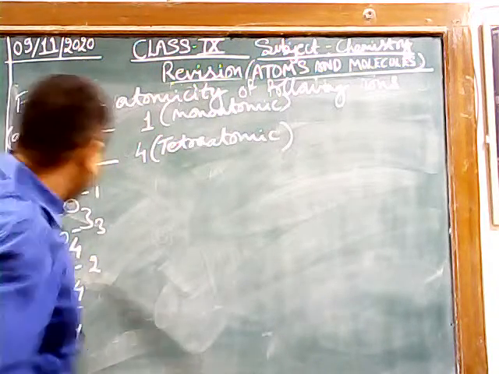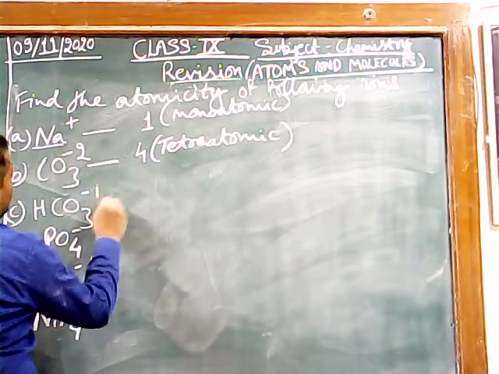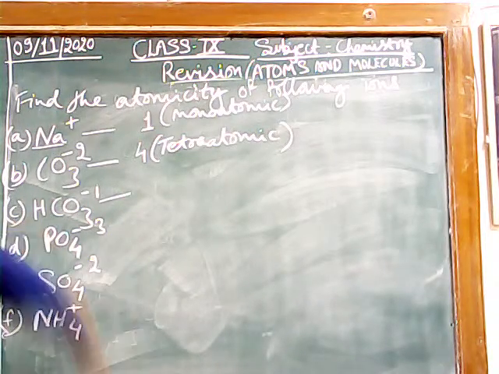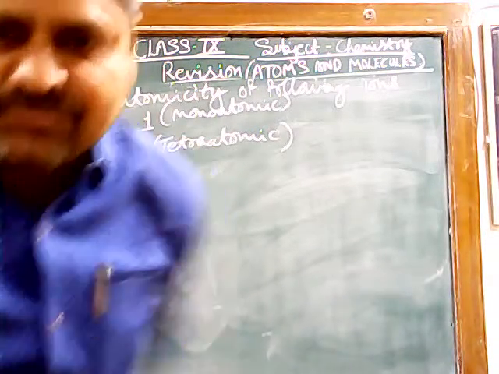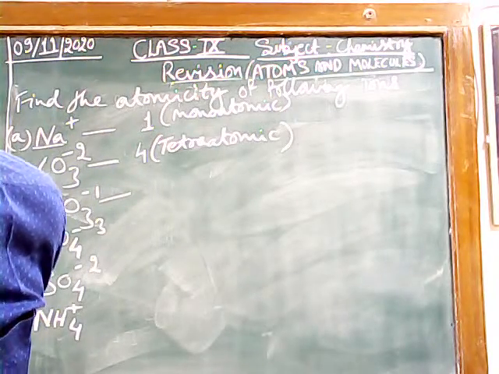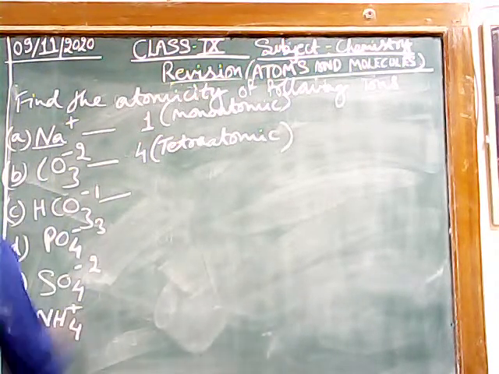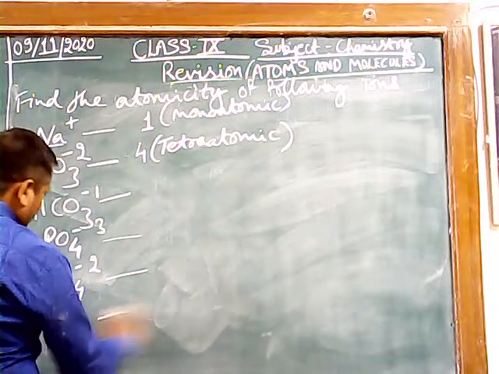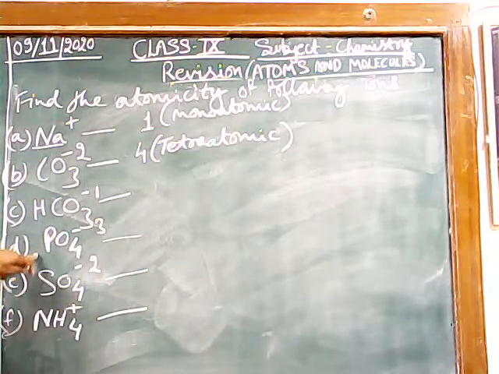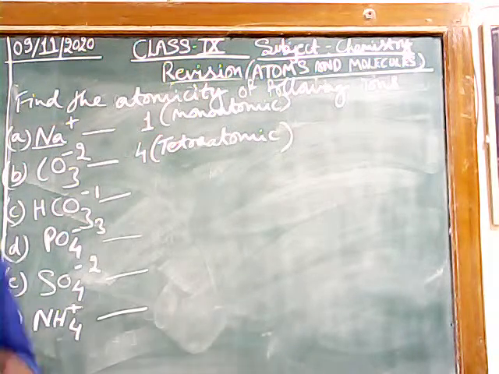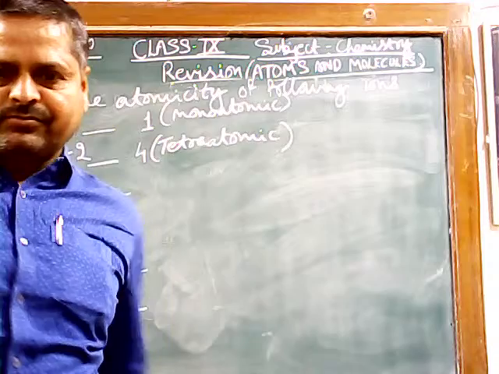What is the name of this ion? Bicarbonate ion. This is carbonate ion. This is bicarbonate ion. So can you tell me the atomicity of bicarbonate ion? Right? Here you write children. Atomicity of bicarbonate ion. All of you complete this. Atomicity of phosphate ion. Atomicity of sulfate ion. Atomicity of ammonium ion. Yes. Write down. Hurry up.